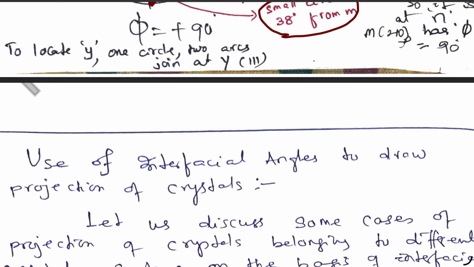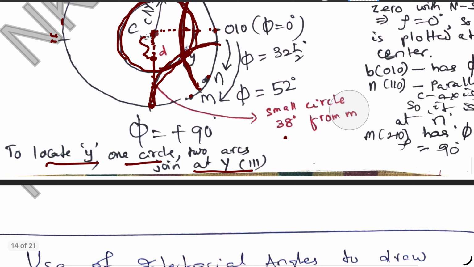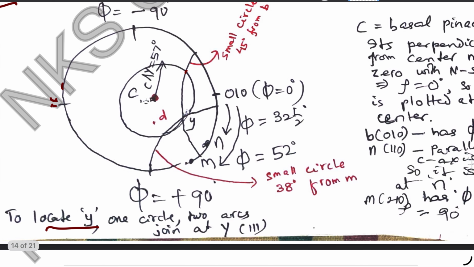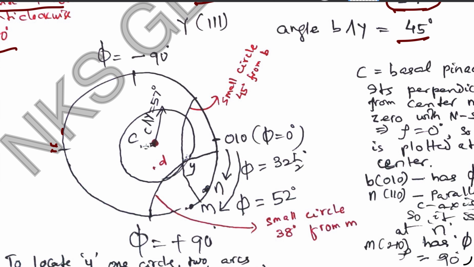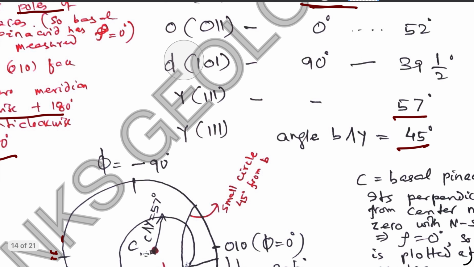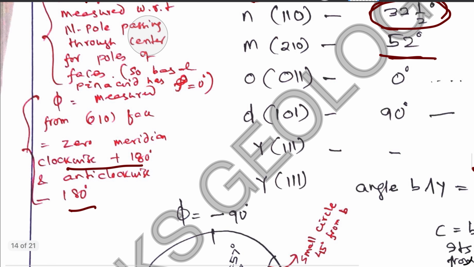Now, to locate Y, we got one circle and two arcs, they join at Y, which is having face symbol 1 1 1. So this is how we discussed the projection of the crystal model having rho and phi angles.